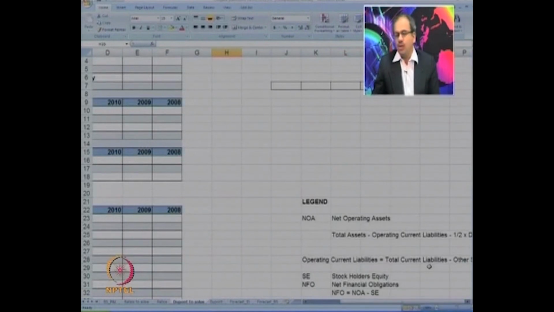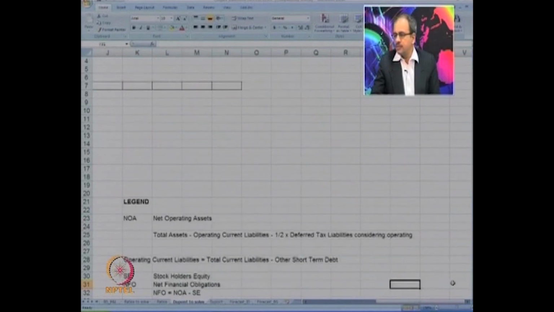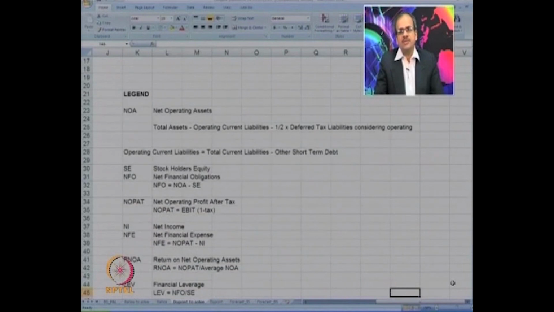So, you can have a look at it before we go ahead. These terms you should know, that is NOA, which means net operating assets for the company. I hope it is clearly visible now. Perhaps we will go through these terms so that it is clear to you what is done in DuPont analysis.